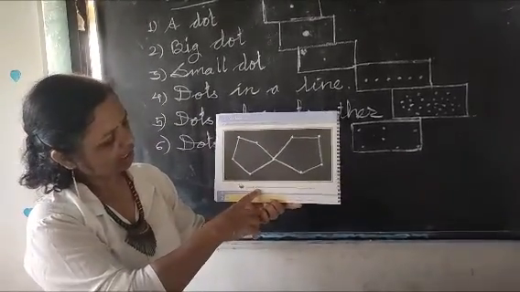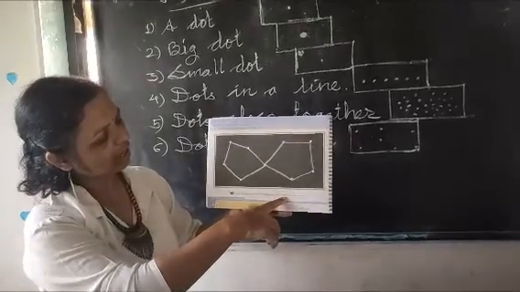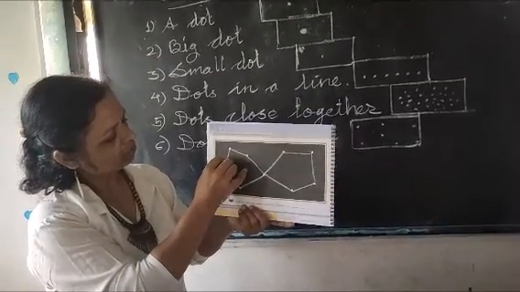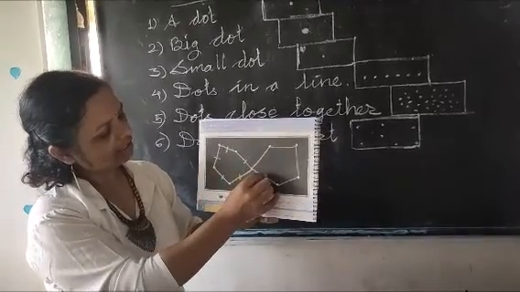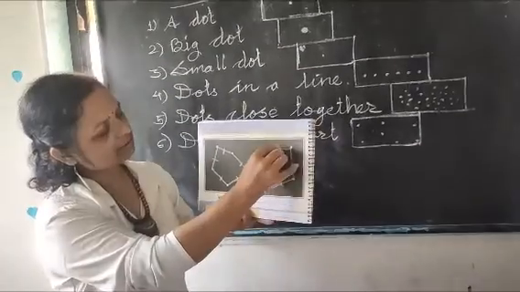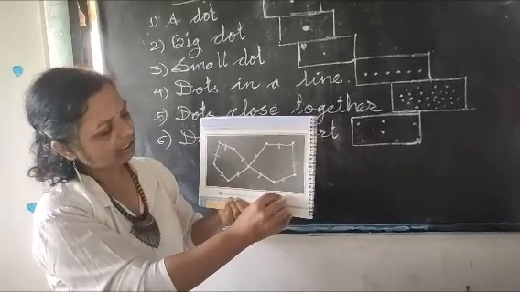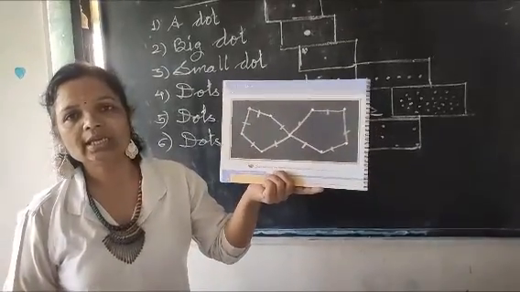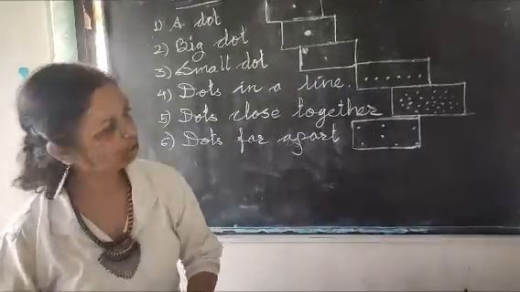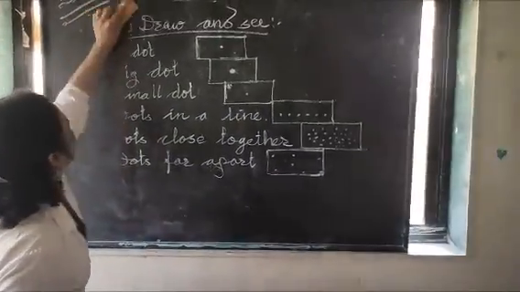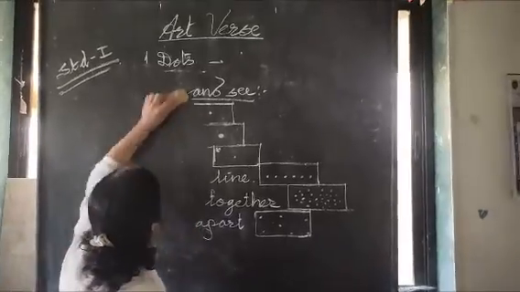Then count and write the number of lines you have drawn. Means count lines 1, 2, 3, 4, 5, 6, 7, 8, 9, 10. Means we get total 10 lines here. See this exercise on the same blackboard. We do it fast.